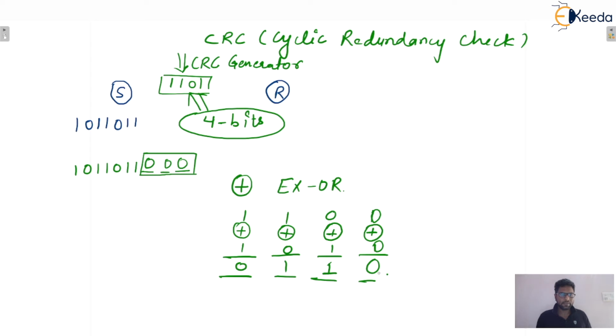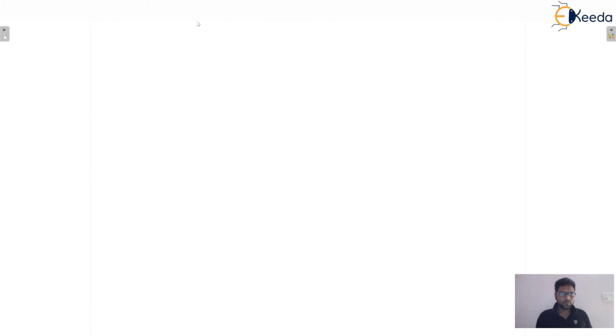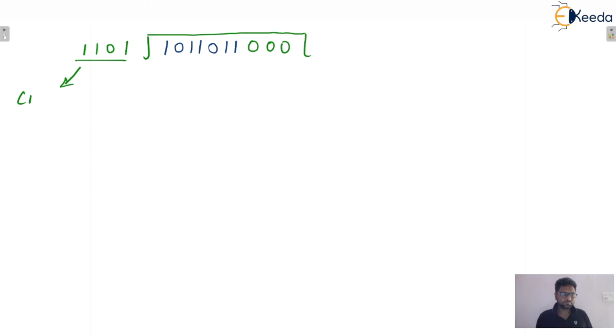Try to listen correctly, guys. Here the data was 1011011, and 3 zeros will be appended, 000. Now one calculation will be done in this manner with 1101, the CRC generator.